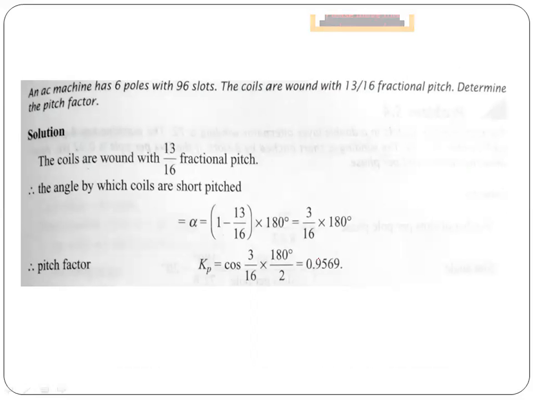Now the next problem. An AC machine has 6 poles with 96 slots. The coils are wound with 13 by 16 fractional pitch. Determine the pitch factor.